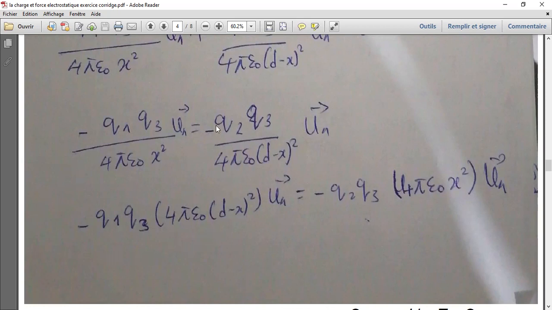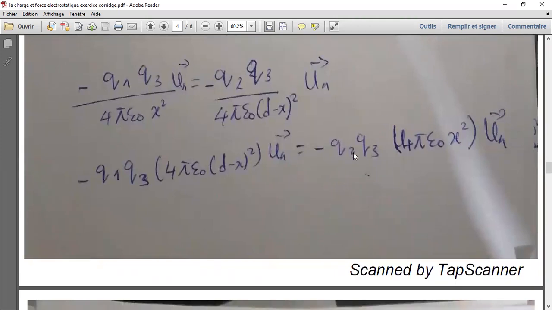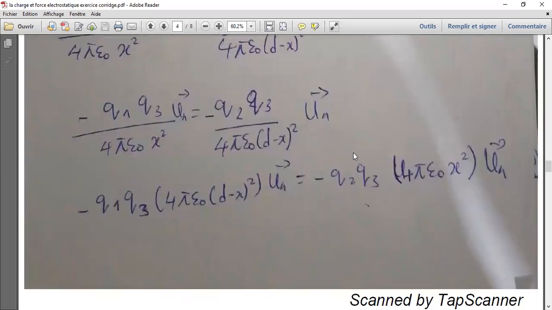Then also the negative q2, q3 times, when I cross the equal sign, the value which is down here, 4 pi epsilon 0 x squared. This is the value which is this side here. So after that now, it's just a matter of simplifying it.